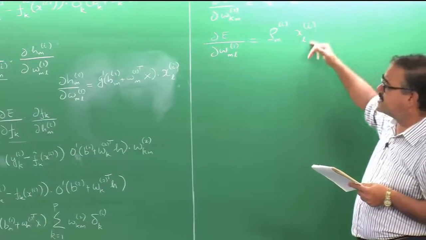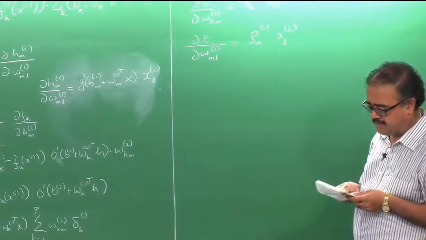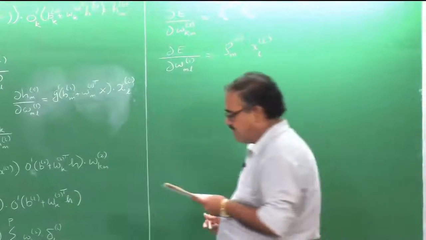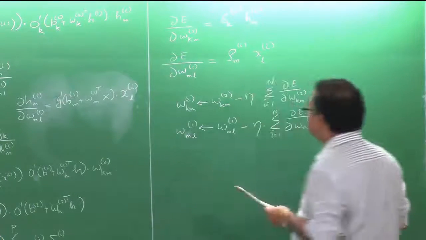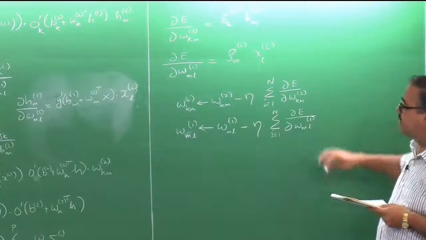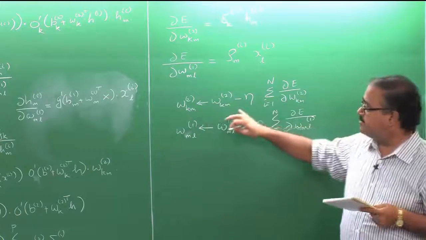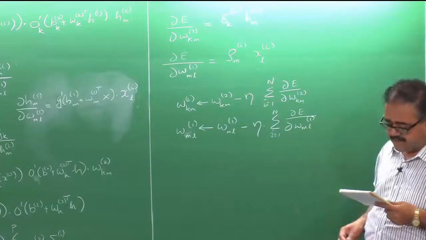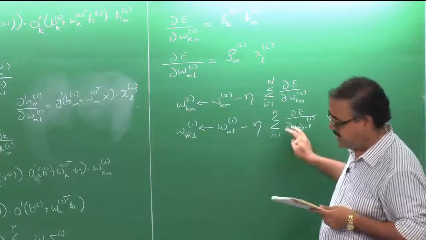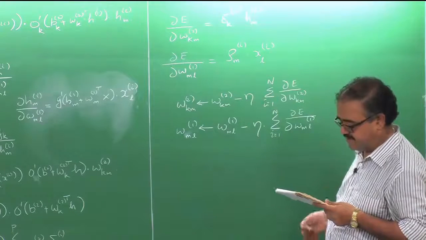These expressions look pretty compact, and now we essentially update the parameters: w_km is changed by the gradient here, and w_ml is again changed by the gradient that we have computed here.